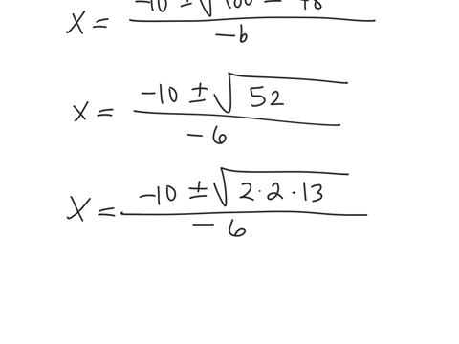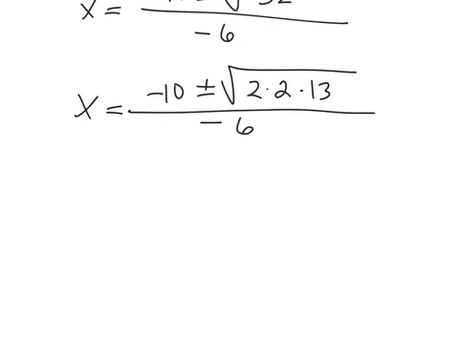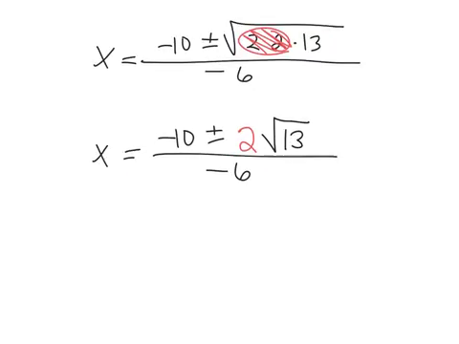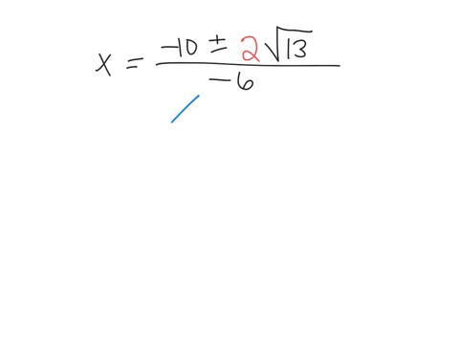And so remember what that means. Let's write this down. So x equals -10 plus or minus, and then here you're going to circle the 2 2's, cross them off, write one down, and write whatever you have left over, root 13 over -6. All right, so there is our work so far.